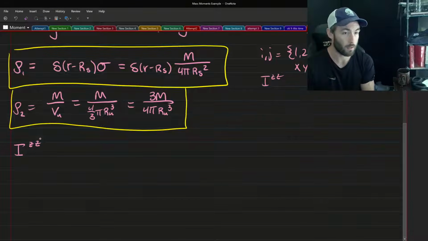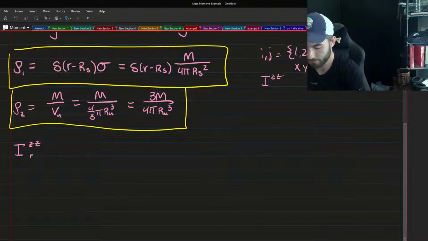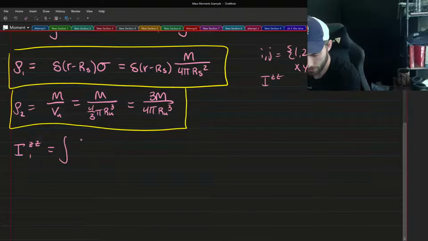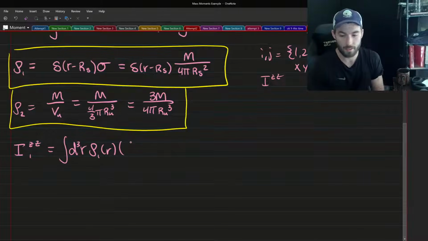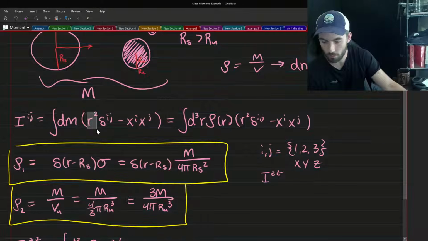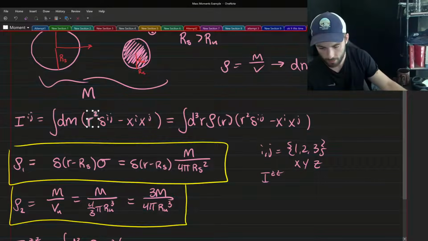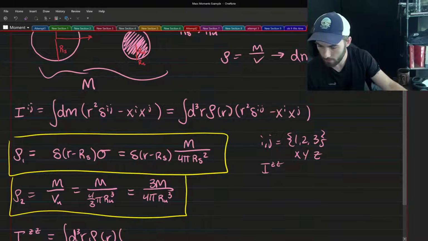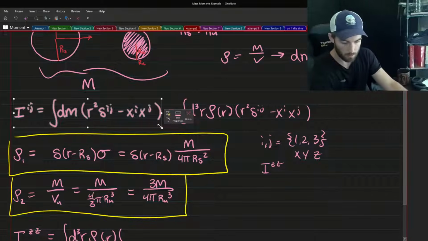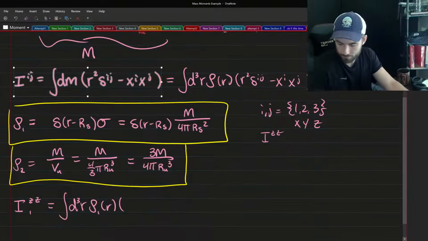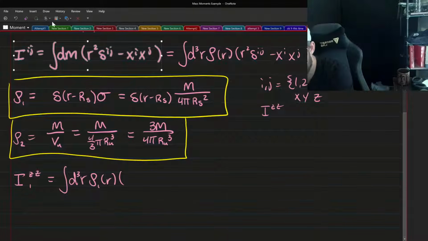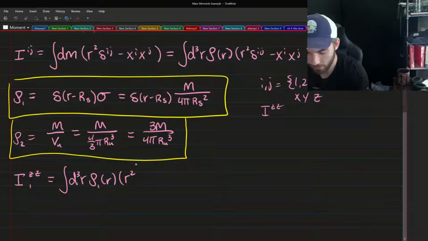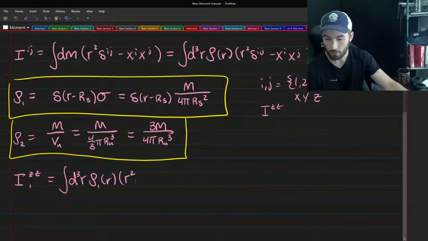I_zz, or I_33, for the first system is the integral d^3r rho_1 of r, and it's about the z-axis. So if we look here, r squared is x squared plus y squared plus z squared. Let me not do that. That's just going to be confusing. Let me write out exactly what I mean here. R squared, if i equals j, the Kronecker delta is 1.